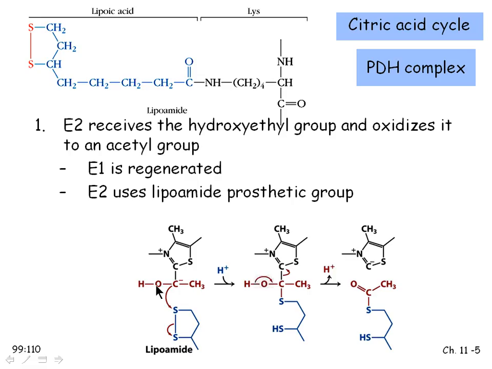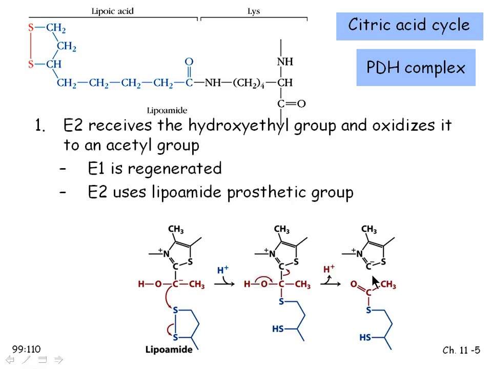Furthermore, if you look at the structure of the carbon backbone at this point, so this is the hydroxyethyl group, and after the rearrangements at that stage, what you have here is now a carbonyl carbon. So this carbon has been oxidized. This is now in a relatively oxidized state compared to what it was back here.